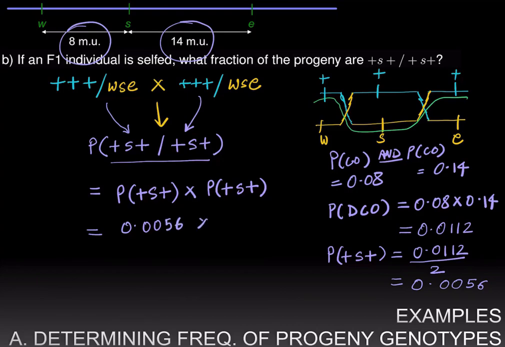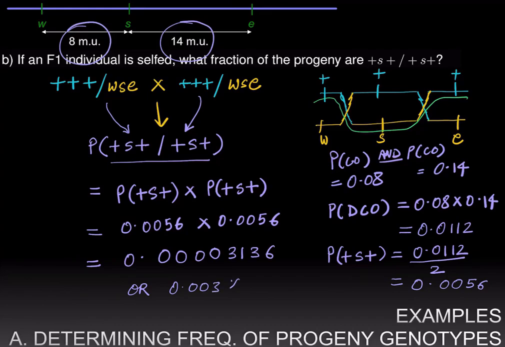and that is 0.0056 times 0.0056, which, if you do the math, is 0.00003136 or 0.003%, and that is very small indeed, which is not surprising since double crossovers are rare events in and of themselves.